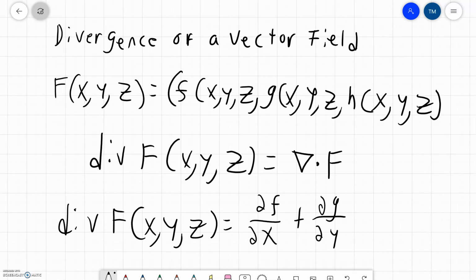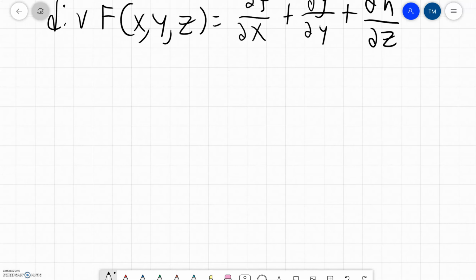I should use that f, plus the partial of h over the partial z. And so that's that part. Now, to talk about the characteristics of this, let me just move it down.